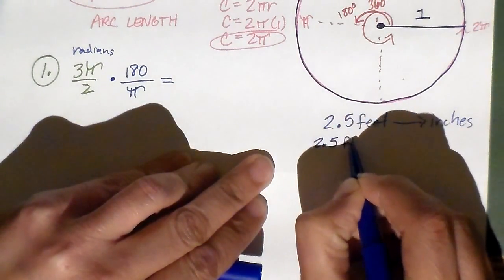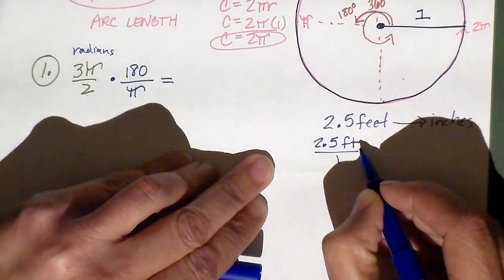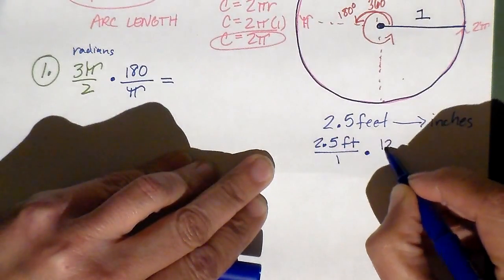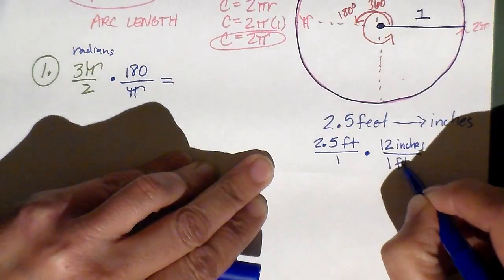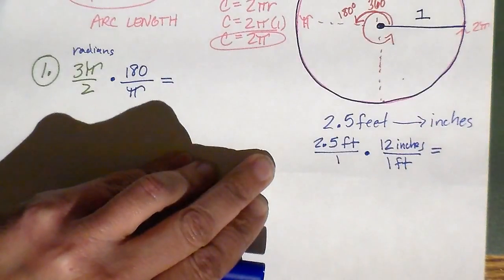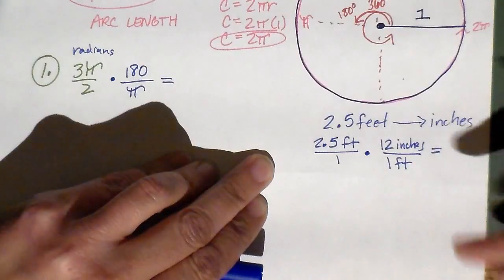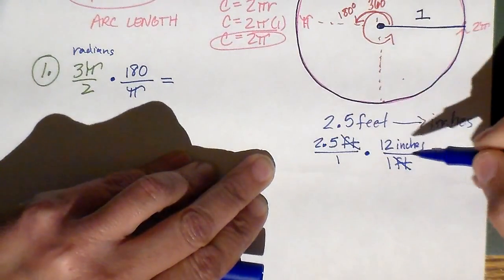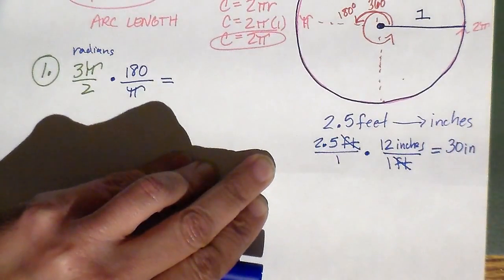2.5 feet. To convert, I have to get rid of the feet. I want to go to inches. But what do I know? 12 inches are in every 1 foot, right? So when I multiply across, I'm going to get feet times inches on the top and feet on the bottom. Well, what cancels out? Feet and feet. So 2.5 gives me 30, and then all I have left is inches.